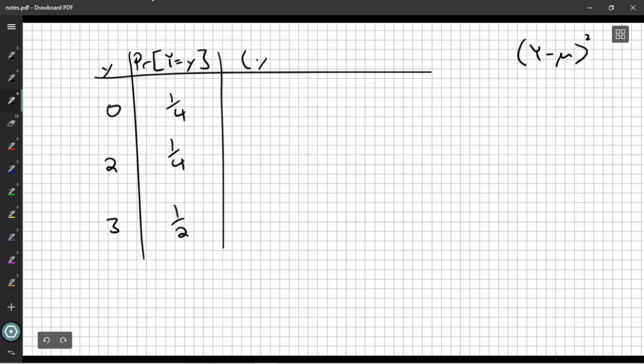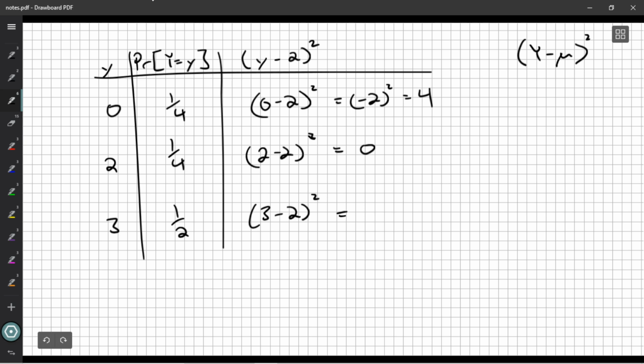Well, y minus mu, in this case mu is 2, so we'll just leave it like that, squared. So 0 minus 2 squared, that's negative 2 squared, that's 4. 2 minus 2 squared is 0 squared, that's just 0. And 3 minus 2 squared is 1 squared, it's just 1.